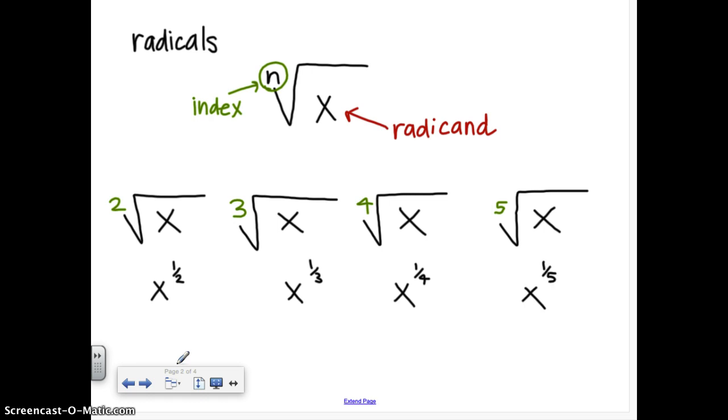These pairs all mean the same thing. When we see x to the 1/2, we need to be able to think square root. These are both ways of writing square root. These are both ways of writing the cube root. These are both ways of writing the 4th root.